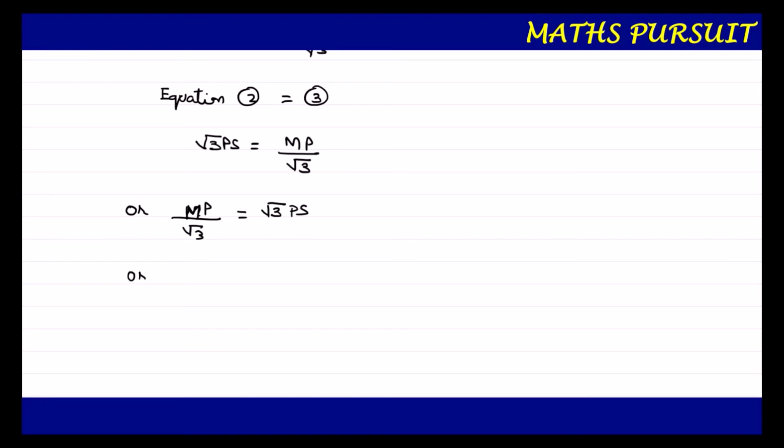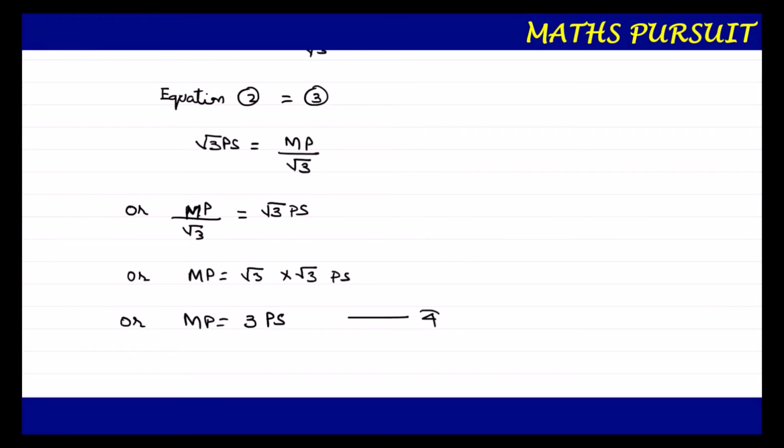Or I can write MP is equal to root 3 into root 3 PS. I hope till here we are very clear. Root 3 into root 3 is 3, so MP is equal to 3 PS. Let us name this one as equation number 4.